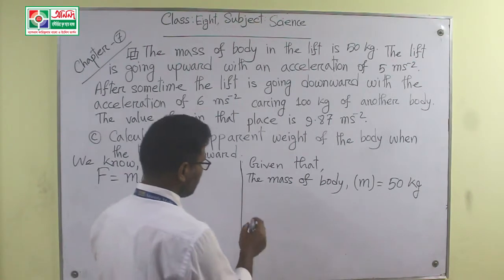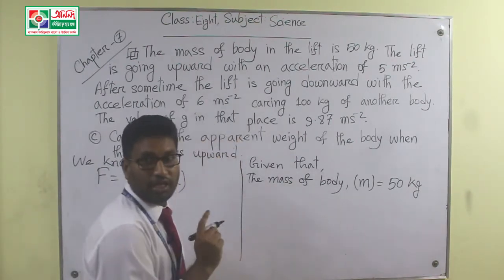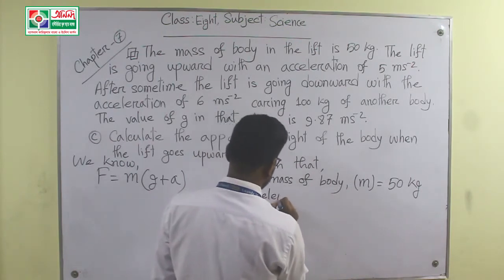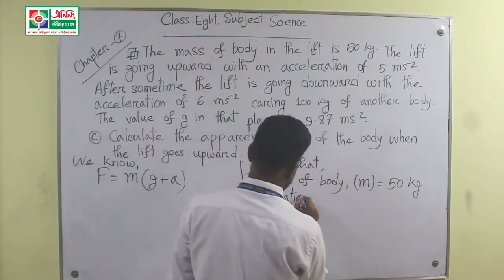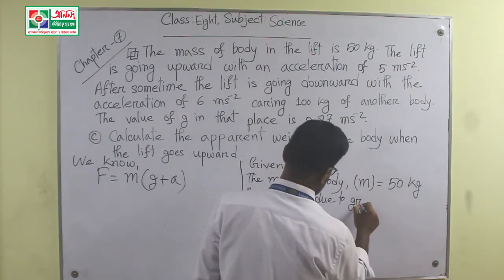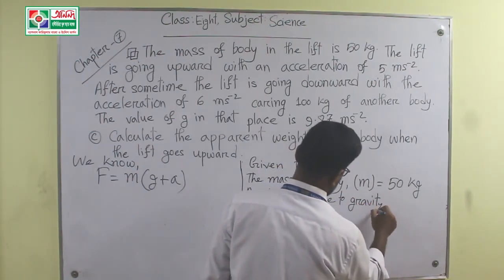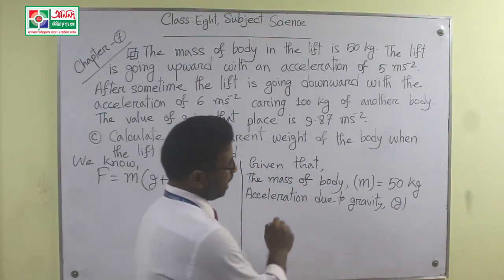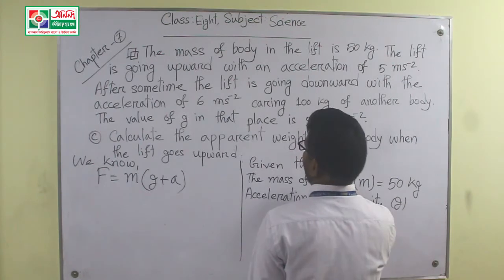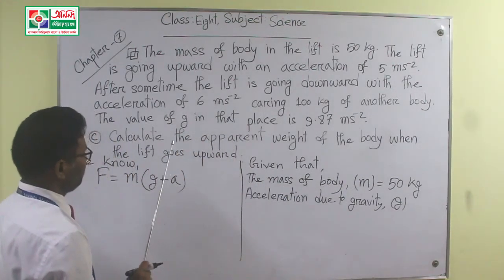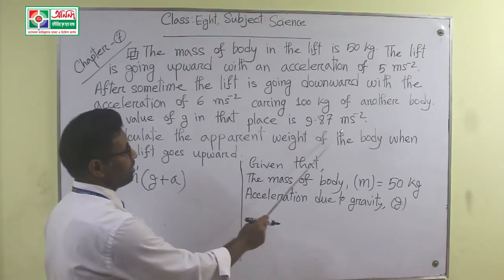And acceleration due to gravity, small g equals 9.87 meter per second square.